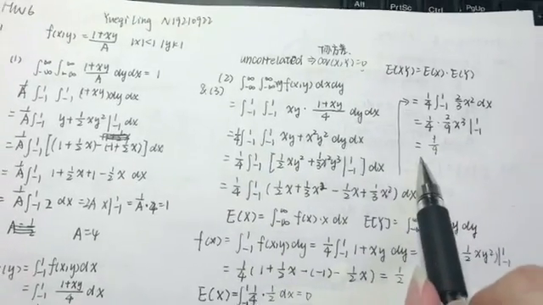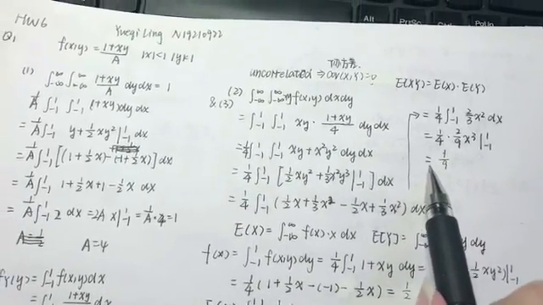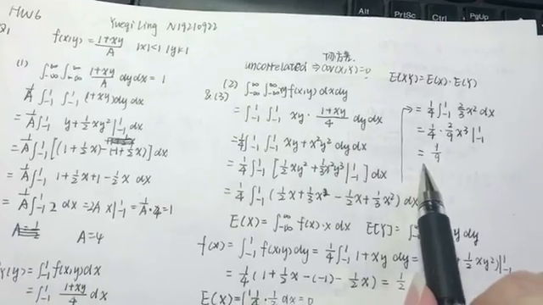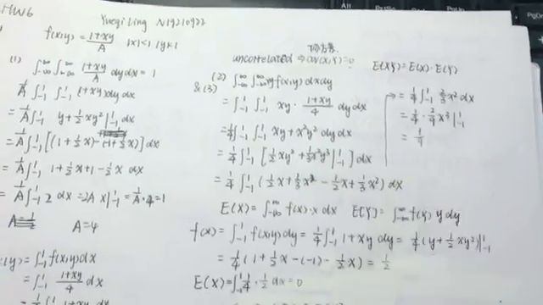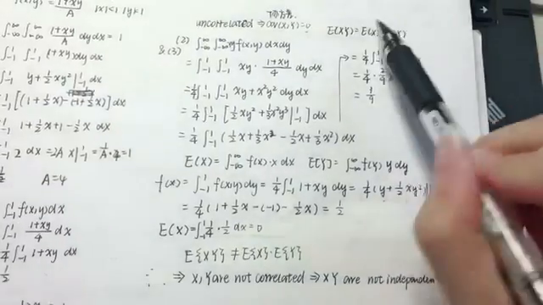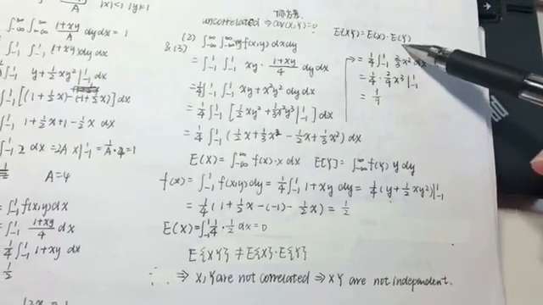We got the answer E[XY] equals 1 divided by 9. Then we also need to find out the E[X] and the E[Y].